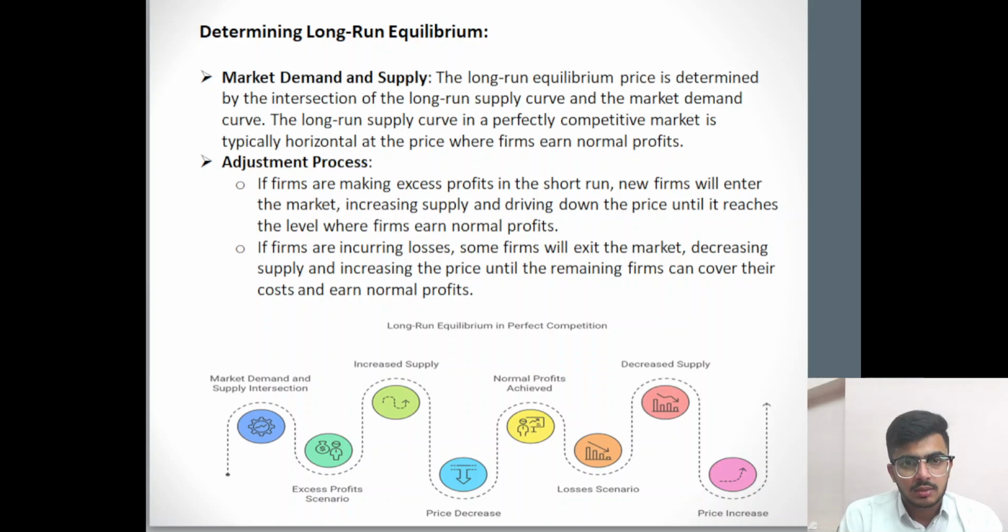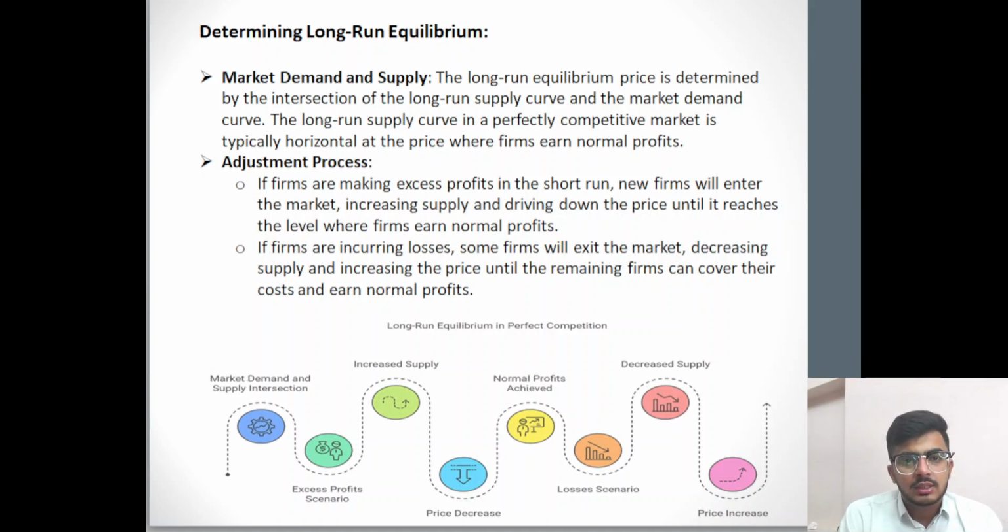The adjustment process for determining long run equilibrium is, first, if the firms are making excess profit in the short run, new firms will enter the market, increase supply, and drive down the price until it reaches the level where firms earn normal profit.